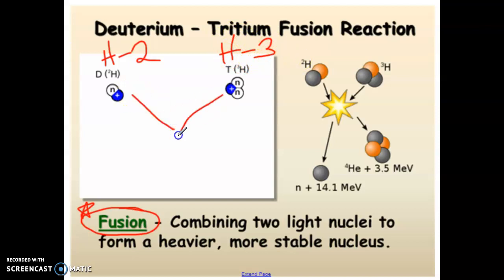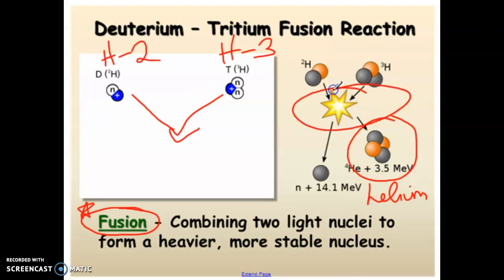When they come together to make a larger nucleus, as this shows, it creates helium. Hydrogen and hydrogen come together to make an atom of helium. But when this combination occurs, a ton of energy is released. So the hydrogen eventually becomes helium.